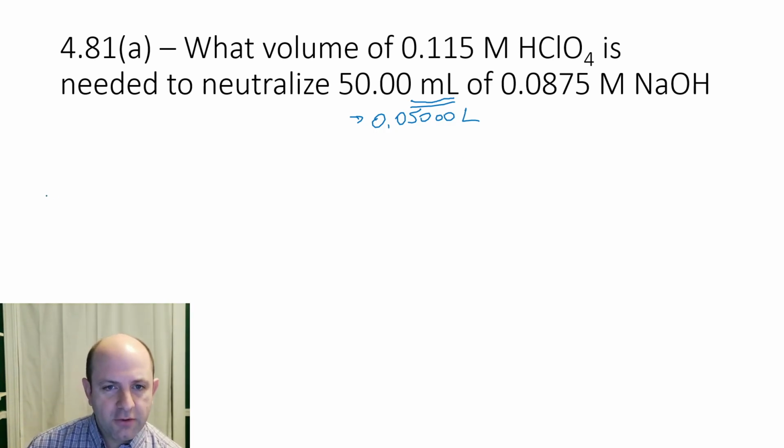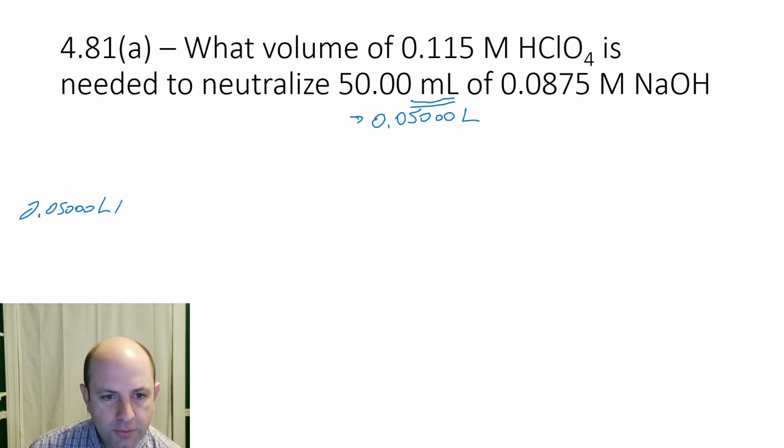All right, but if we start over here on the left, we always want to start with our given, which in this case is the 50 milliliters. It is the 0.05000 liters. Remember, molarity is moles per liter. It's a conversion. We start with the liters because that's not a conversion. That's just a given thing. So 0.05000 liters.